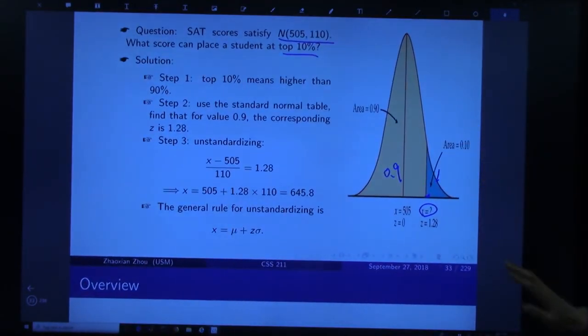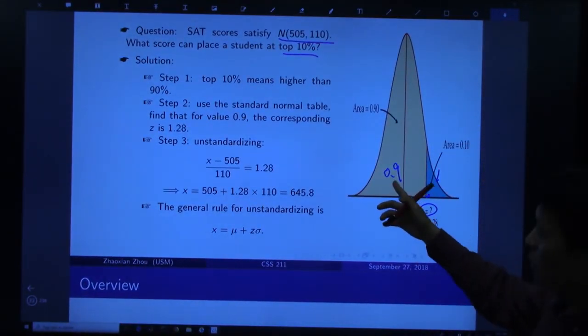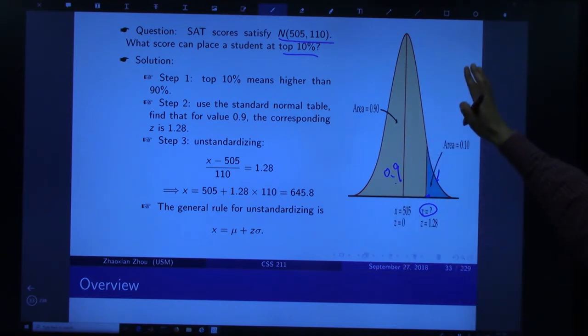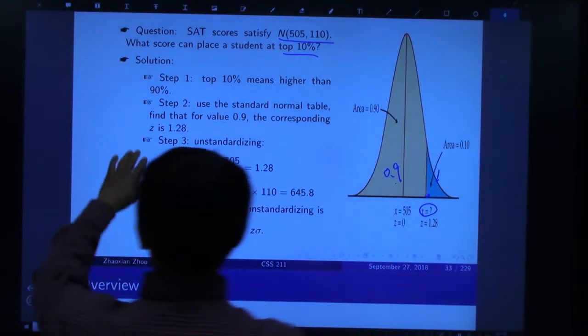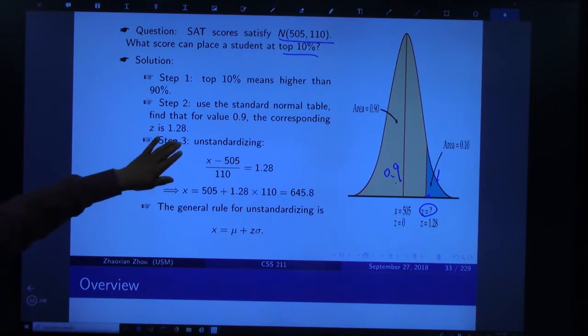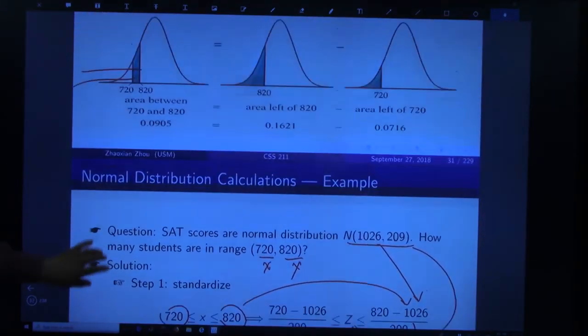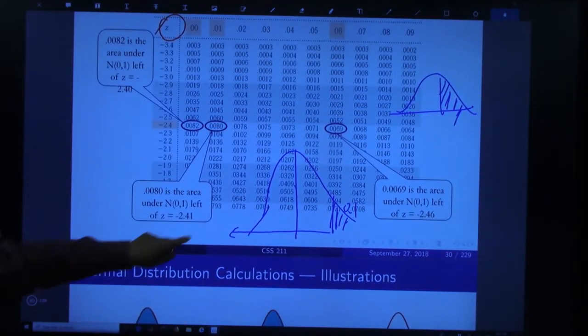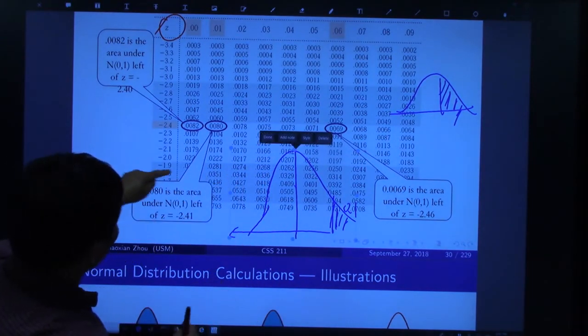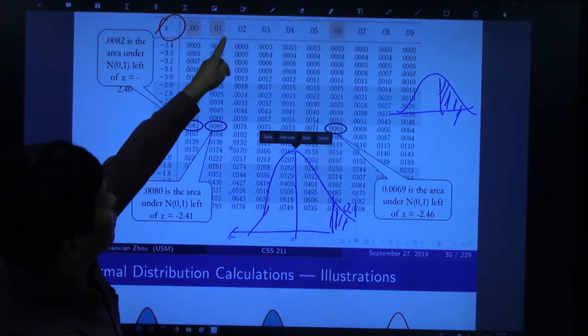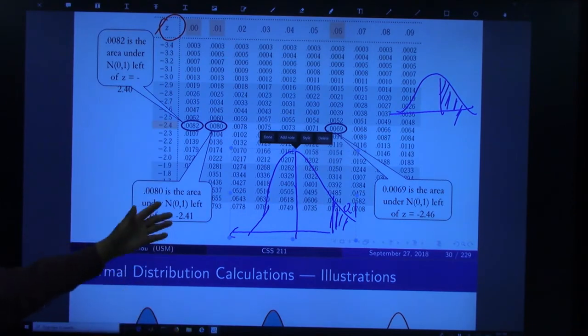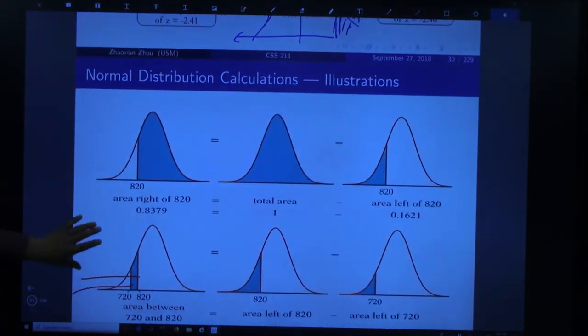So we already understand that we need to check 0.9. When you look at table A, for 0.9 the corresponding z-score equals 1.28. You find 0.9 somewhere in the table, then read the z-score from the row and column and add them together.